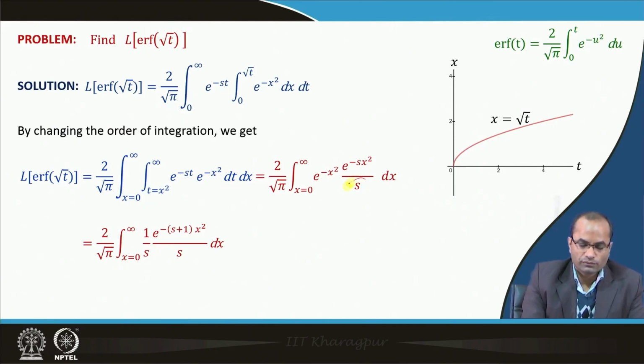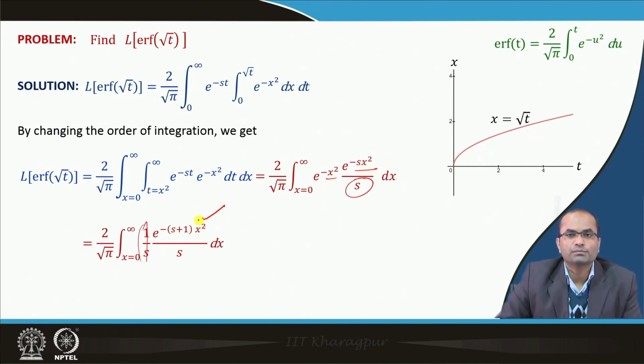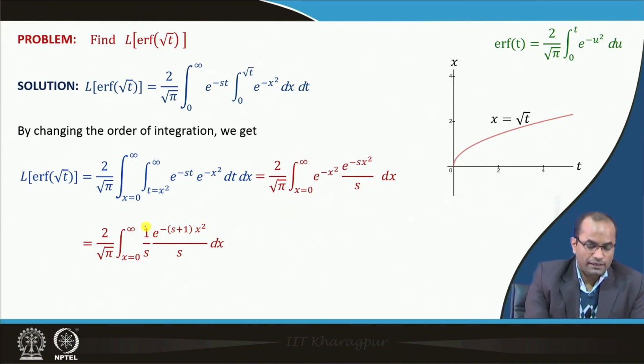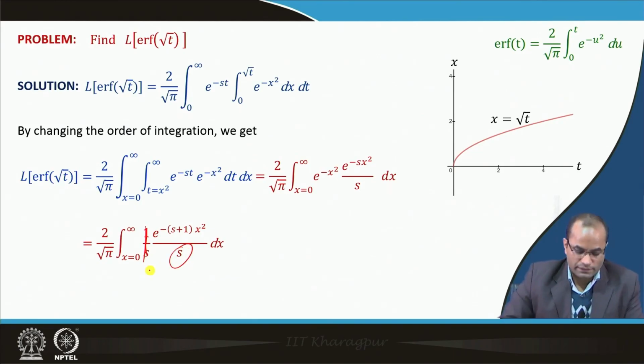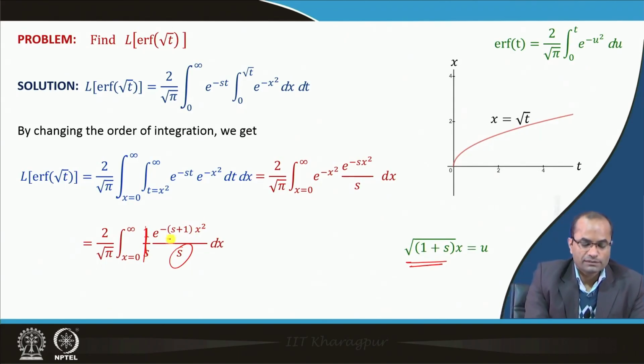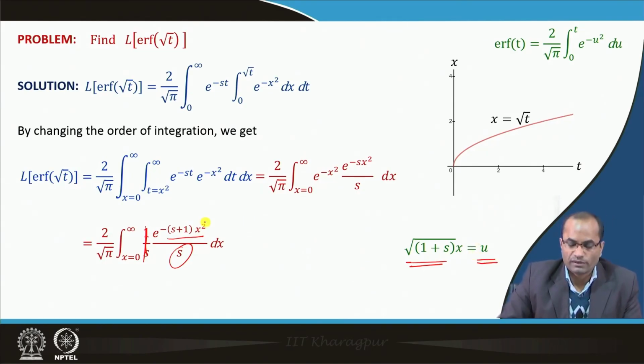So, we can combine. We have 1 over s there and then e power minus x square minus s x square. If we take x square common, we have s plus 1, and this s we have anyway considered. So, we can substitute square root of s plus 1 times x as u, so that we get the e power minus u square form.